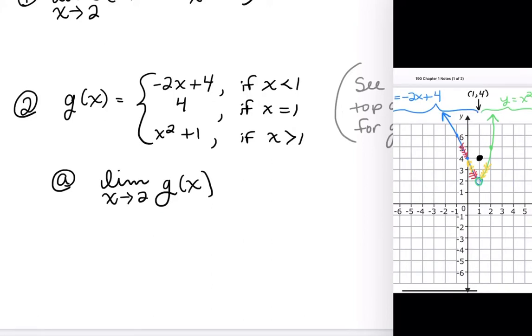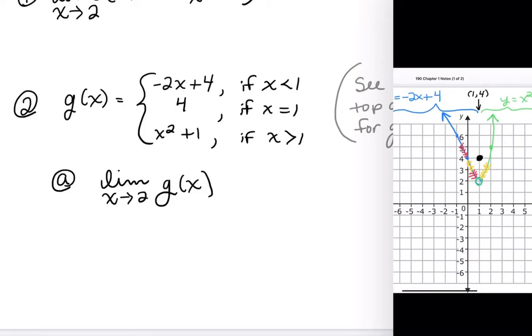So what I want you to realize is when you have a piecewise function, if you're being asked a limit that's not about a limit at a cutoff point, like look at this function, the only place where something kind of funky happens is at x equals 1. Everywhere else it's continuous.